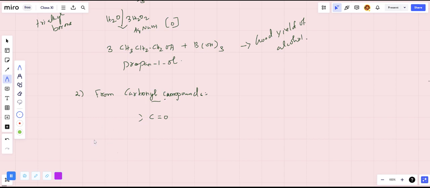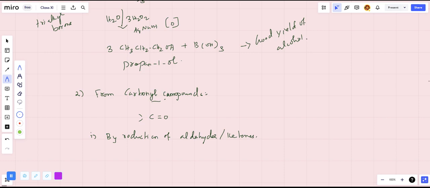Under carbonyl compounds, the first method is reduction of aldehydes and ketones. Aldehydes and ketones are reduced to corresponding alcohols by the addition of hydrogen in the presence of a catalyst.